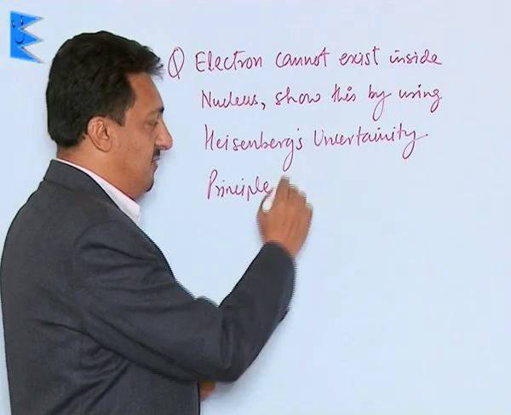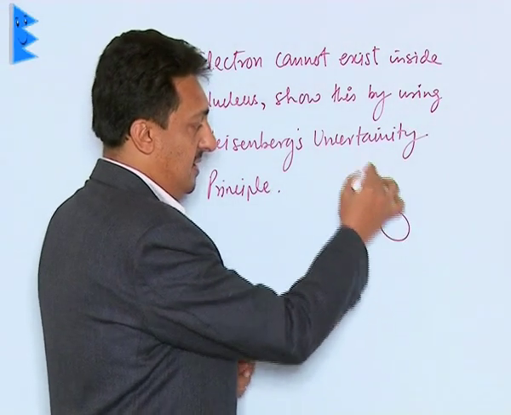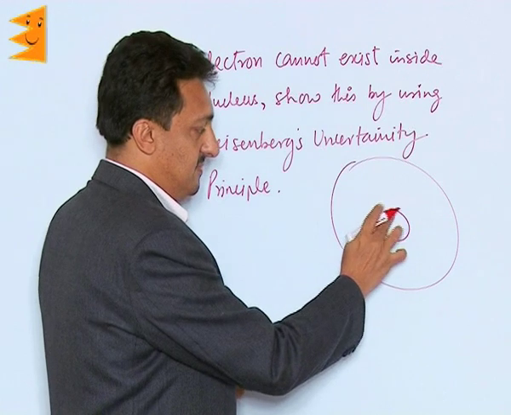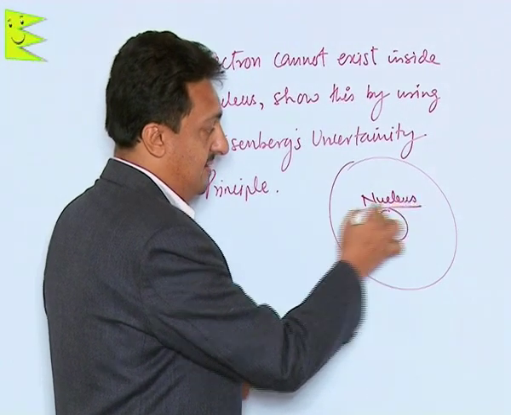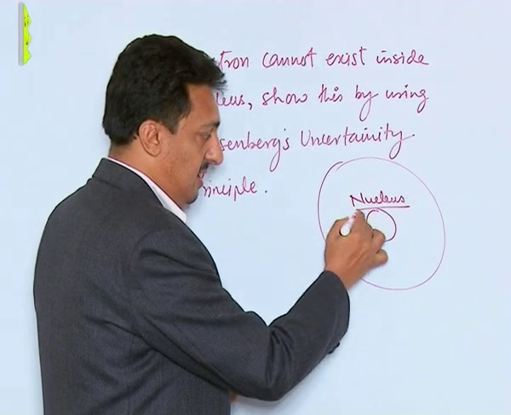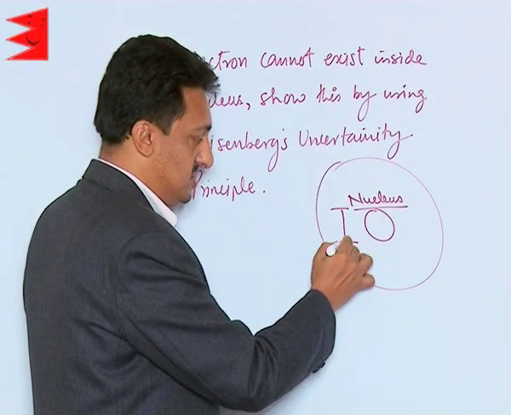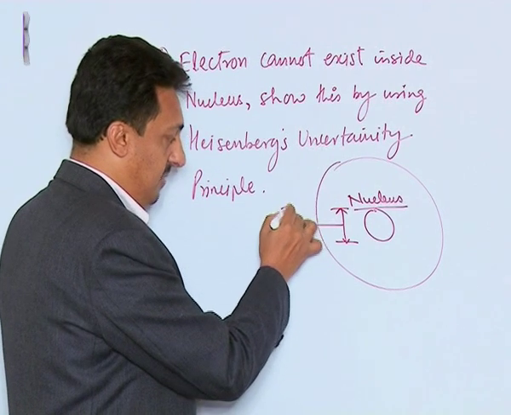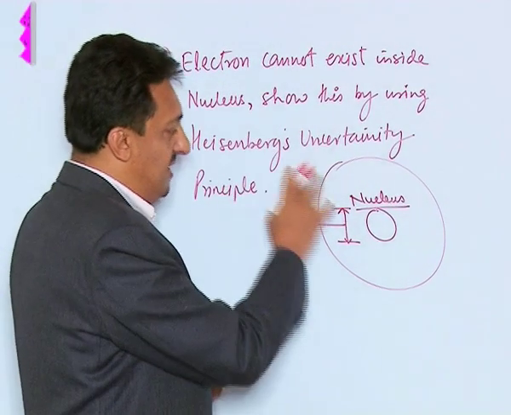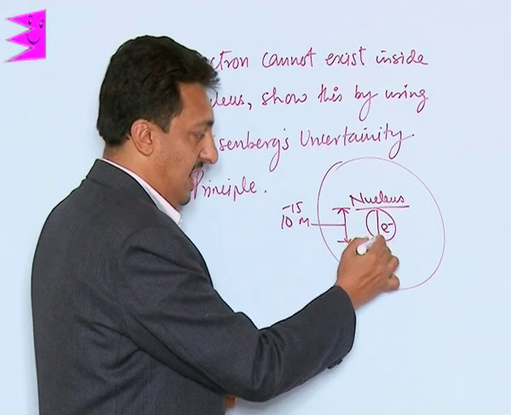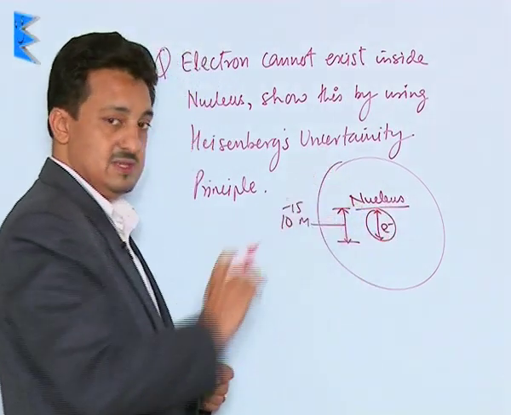See, suppose this is the nucleus. If the electrons are existing in this nucleus, we know its size, we know its range. Its range is 10 to the power minus 15 meter, which is called 1 Fermi. So if the electron is existing inside the nucleus, it can be present anywhere in this nucleus.